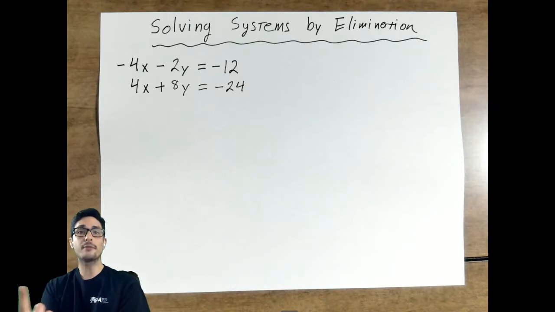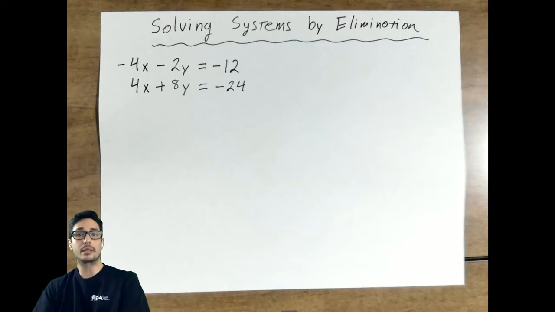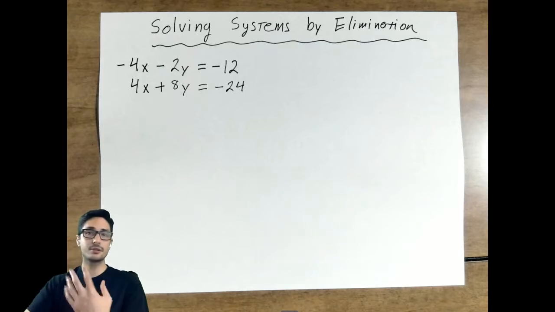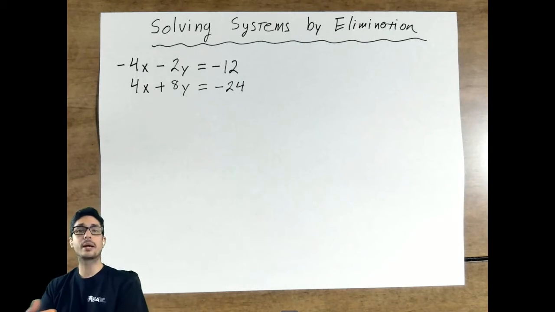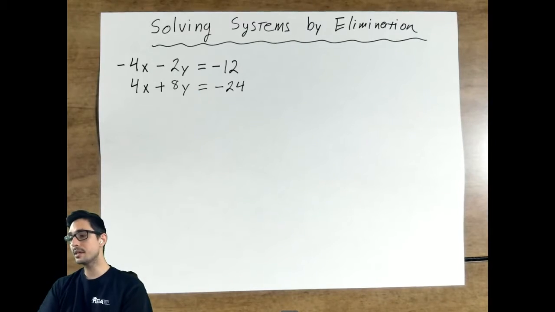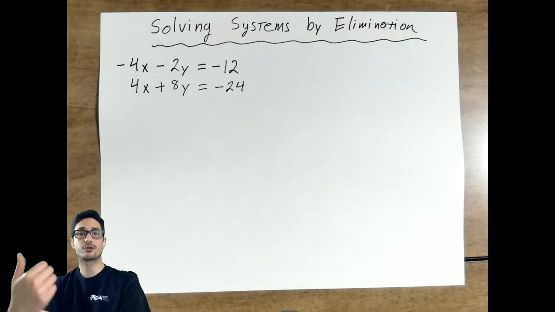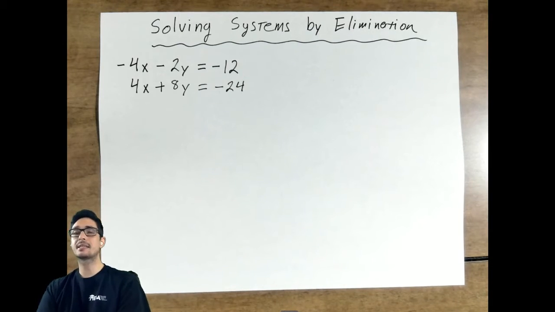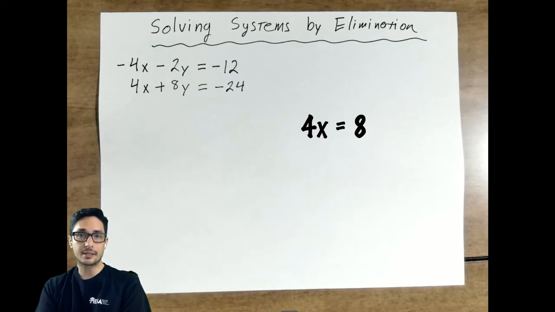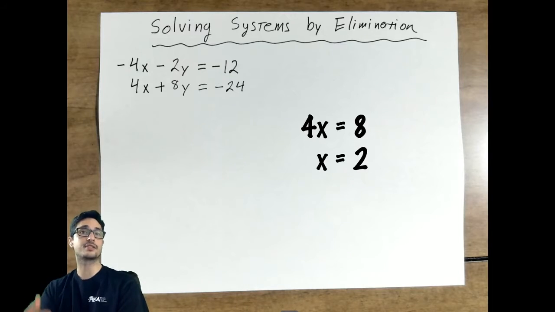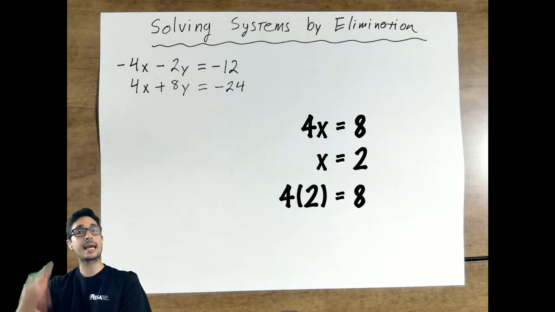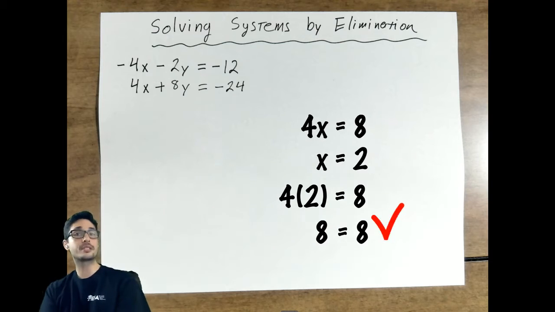In that equation, we're trying to figure out the value of that variable, whether it's -2 or a decimal or whatever, and that value makes the equation true. Let's say we had 4x equals 8. Then x has to equal 2, because 2 times 4 equals 8, and 8 equals 8. It's a true statement, right?